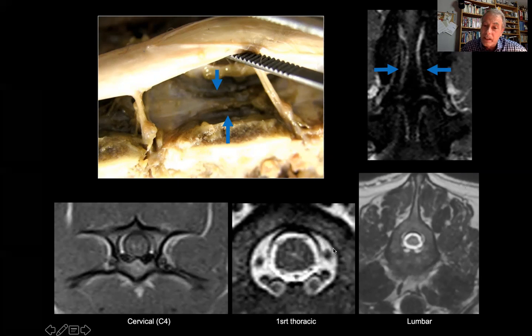And remember, this is filled with epidural fat. This is the subarachnoid space with CSF. And here we have also in the epidural space between the inner layer and the outer layer of the dura, the plexus venosus vertebralis internus ventralis. That gets smaller at the lumbar level.